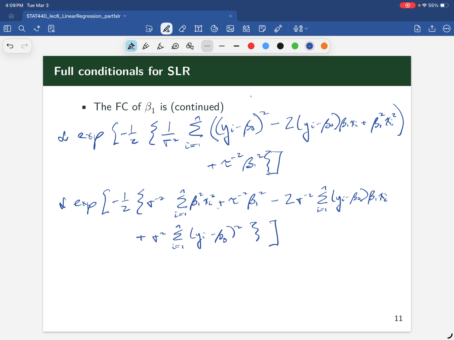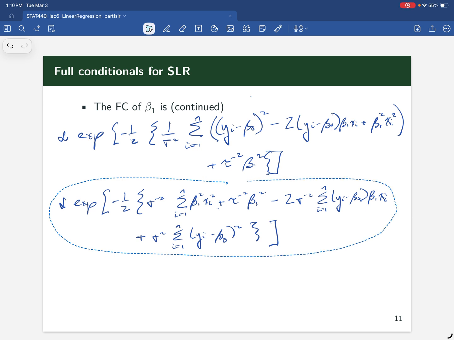This is just a number. This is just a constant of proportionality. If you prefer, you can think of this as e to the stuff times e to this stuff. We can break it up as a product. Let me just go ahead and write it that way, using a little cut and paste power.